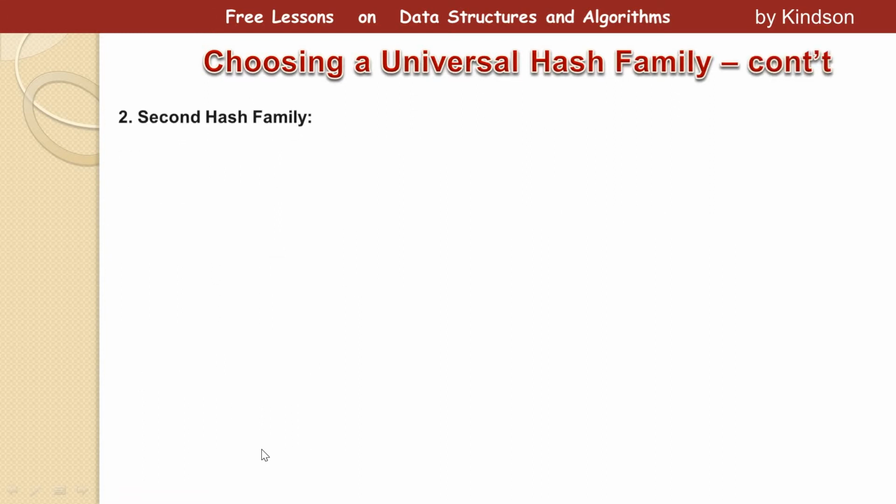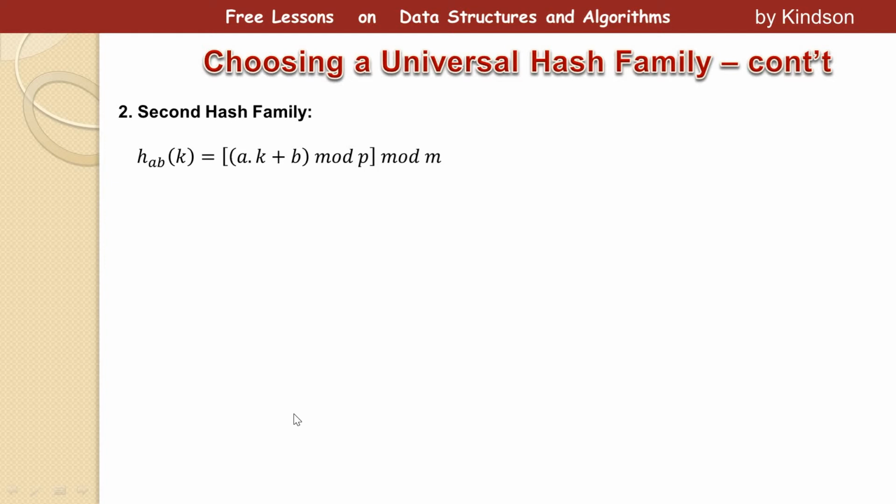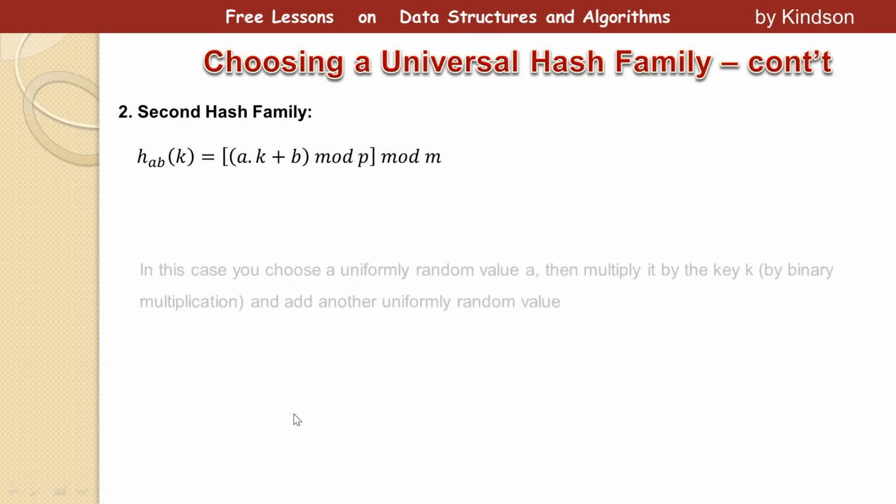All right, so the next hash family is given by this formula h a b. Here we have two integers a and b, and h a b of k is equal to the dot product of a and k, plus b, mod p, mod m.